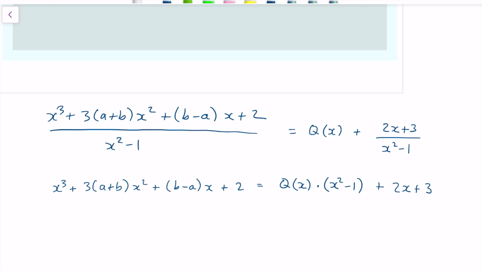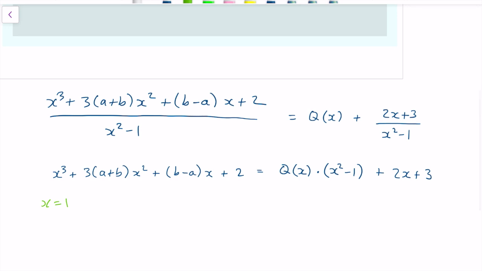If we substitute in x equals 1, the left-hand side becomes quite nice. It becomes 1 plus 3 lots of a plus b minus a plus 2. And when we sub in x equals 1 into the right-hand side, we get some quotient function evaluated at 1. Bit of a problem because we don't know the quotient function, but it's multiplied by 0 because subbing in x equals 1 into that bracket makes 0.